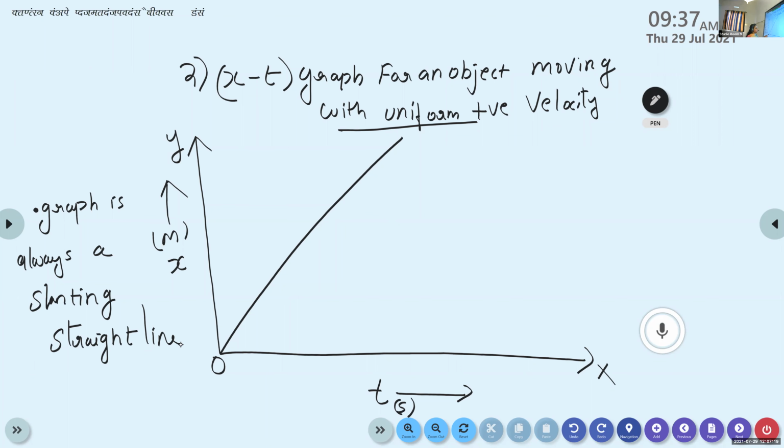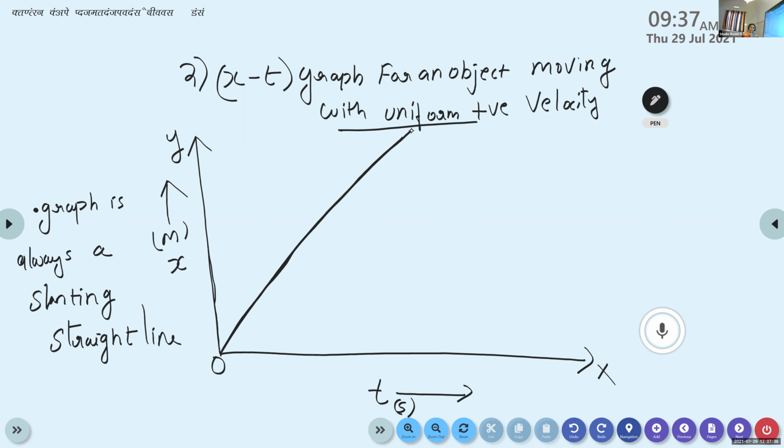Because whenever the time increases, the position of the object also changes. Along with that, the velocity is increasing uniformly. So we get a straight line graph. It is a slanting straight line.